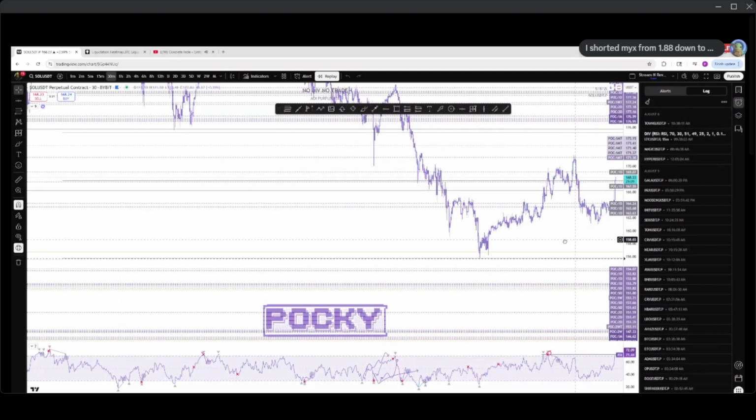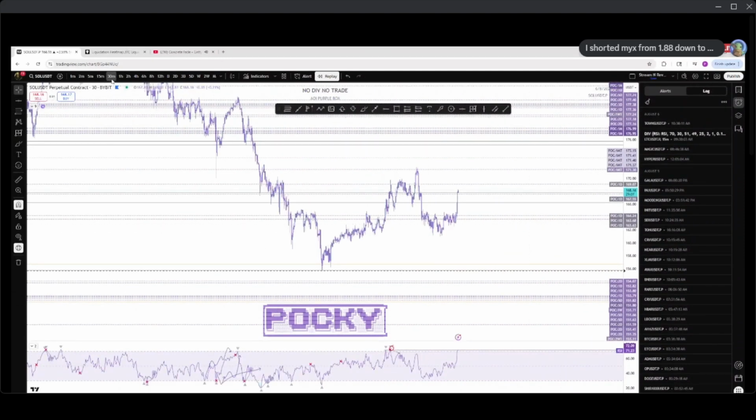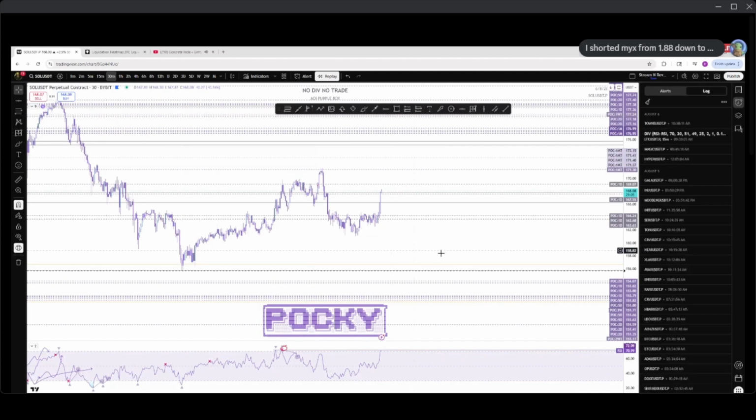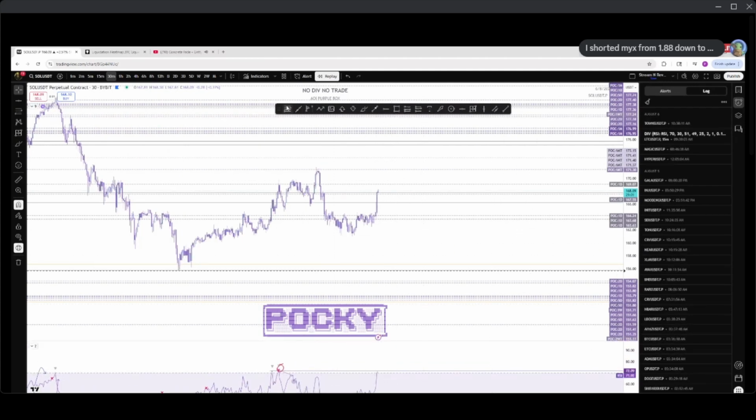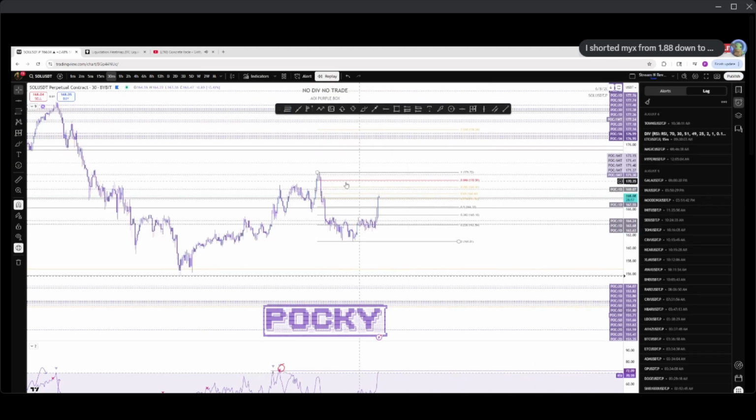Nope. So there's really not much on Soul right now. You're in overbought territory on the 30, so you're in a resistance area. You probably would be scaling into a short right now if you really wanted to.